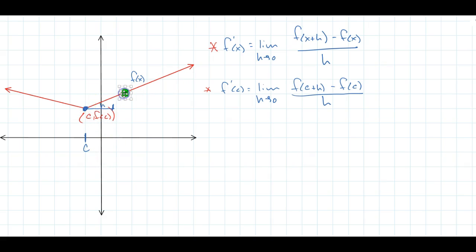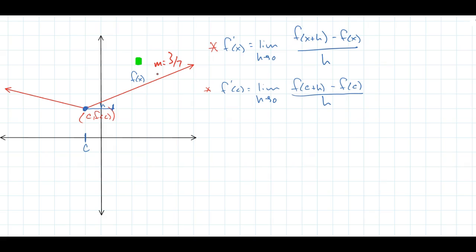Because it's a linear graph, the slope stays the same the entire time, and it appears to be a run of 7 and up 3. So it looks like we've got a slope of 3/7.